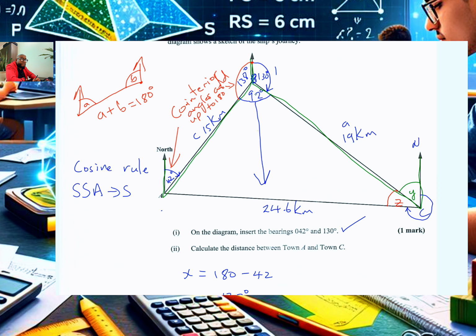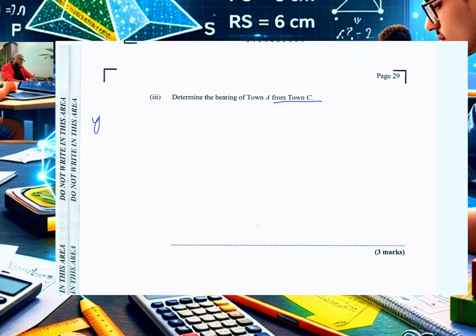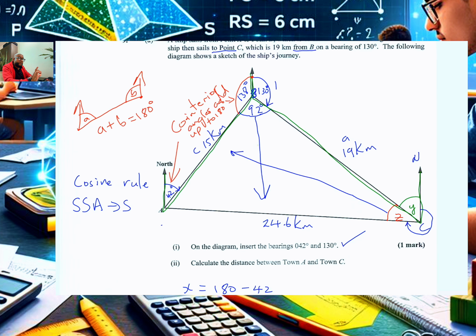So you could use this angle and this angle and this side opposite it, right? Sine rule is dealing with pairs. We're going with sine rule, but let's find Y first, right? Y will be equal to 180 minus 130, which will be how much? 50 degrees. To find Z, watch this, right?